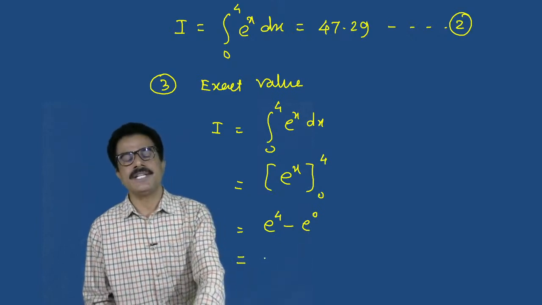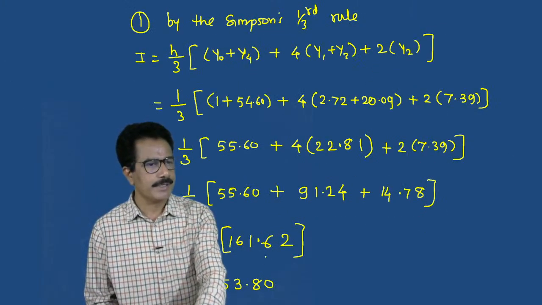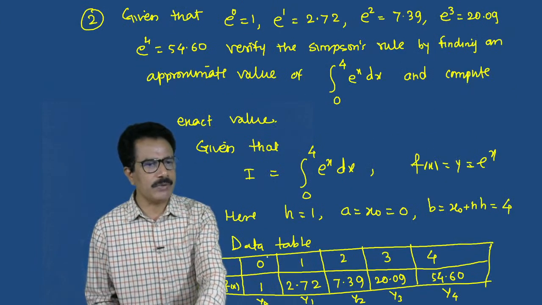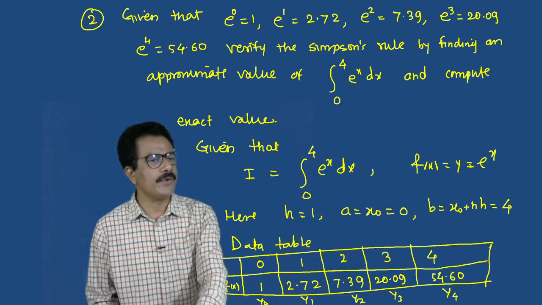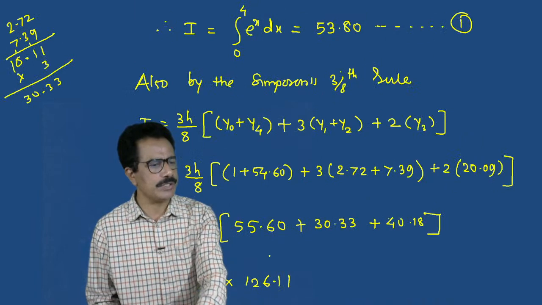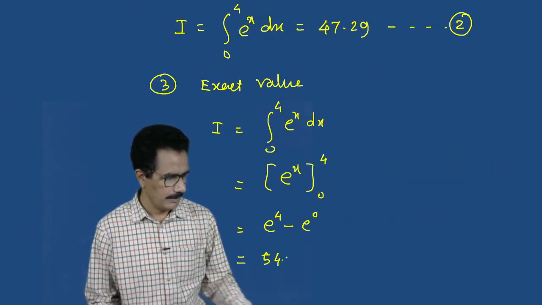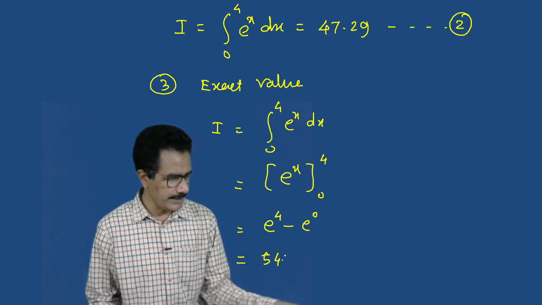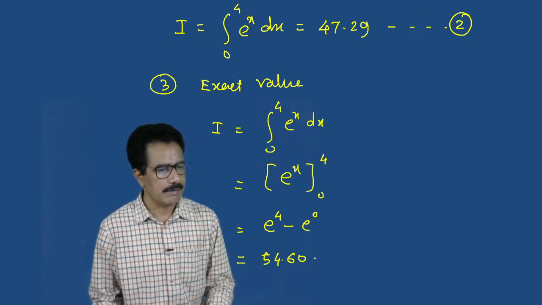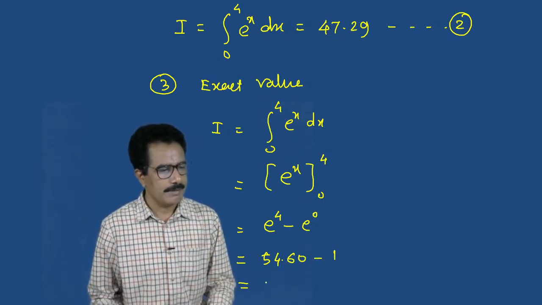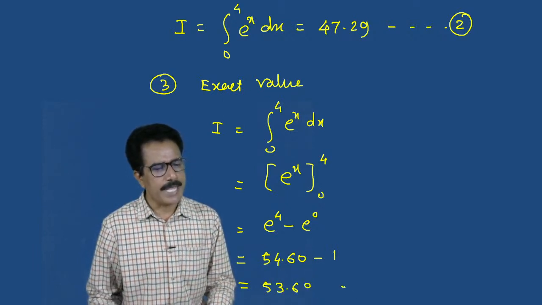The integration of e raised to x is e raised to x. Now put the value of e raised to 4, 54.60. Put the value of e raised to 0, 54.60 minus 1, 53.60. This is the accurate value.